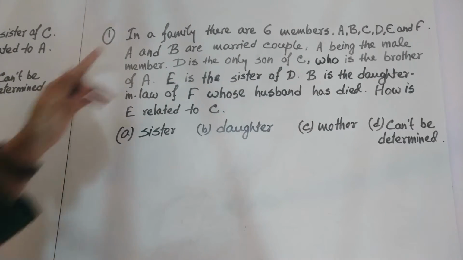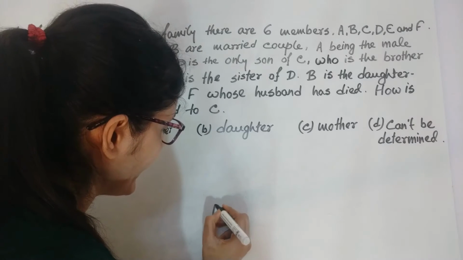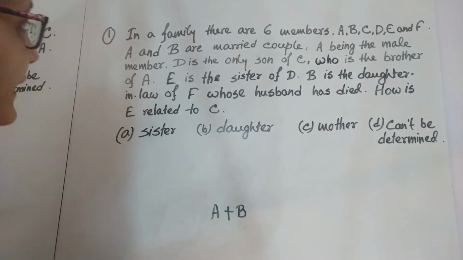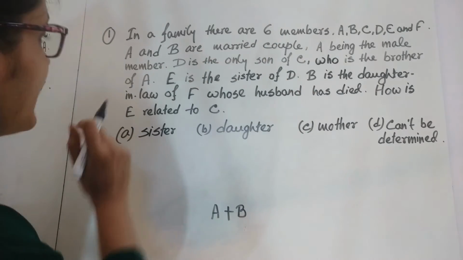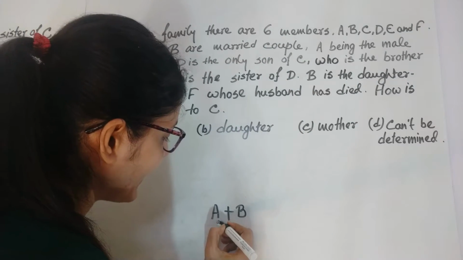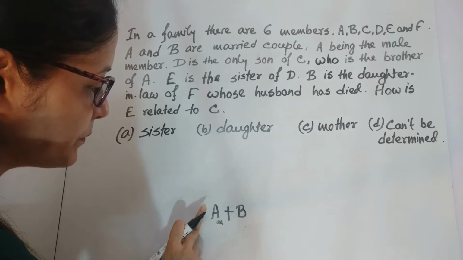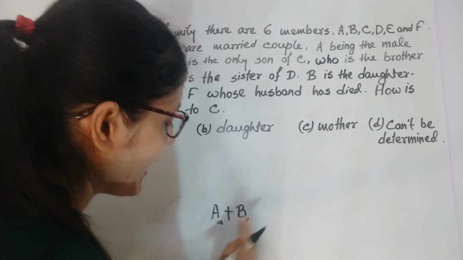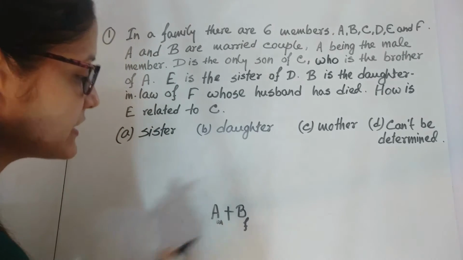Now, A and B are married couple, that means A plus B, to indicate that they are married. A being the male member, so we are writing M here, which means A is a male member, and we are writing F here, so B is the female member.